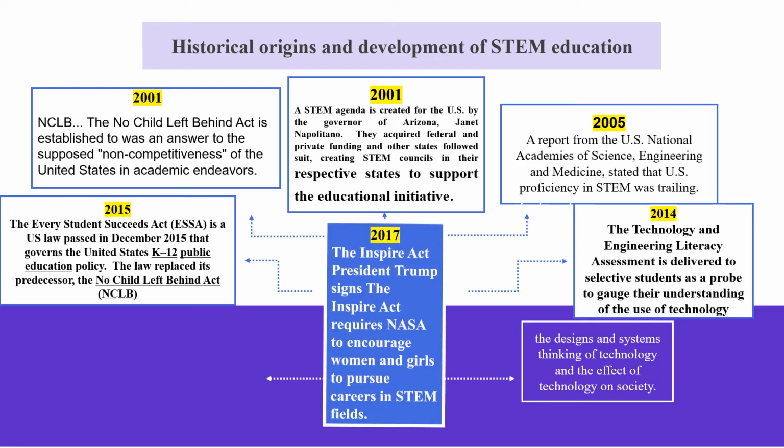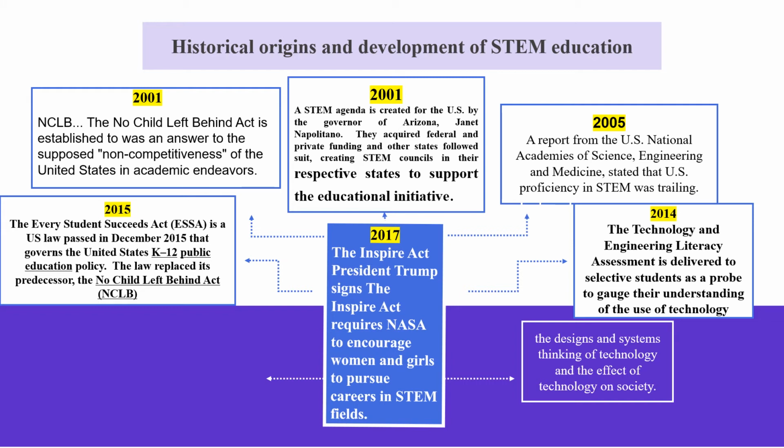So in 2017, President Trump signed the Inspire Act, which requires NASA, the space agency in the United States, to encourage women and girls to continue careers in STEM fields.